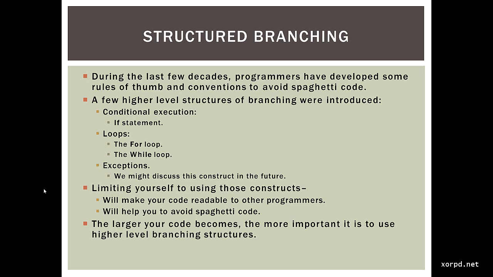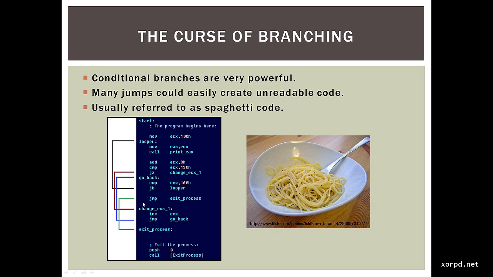It will make your code readable to other programmers, and it will also help you to avoid spaghetti code. If you follow these guidelines, it will be very hard to write unreadable code. You could write unreadable code, but it won't be as unreadable as the spaghetti code that we have seen earlier, like this one. You don't want to get to this kind of code.